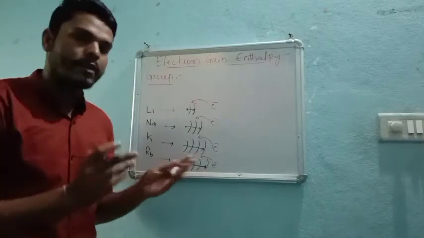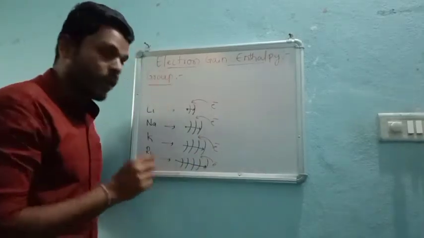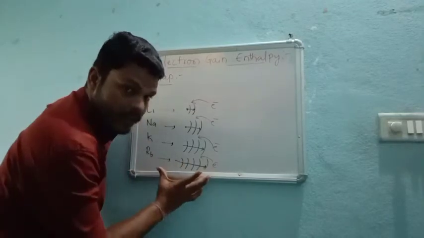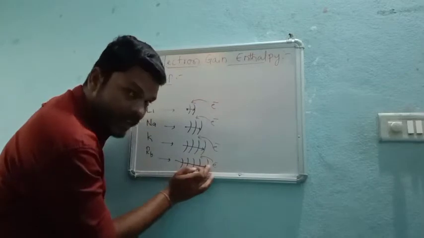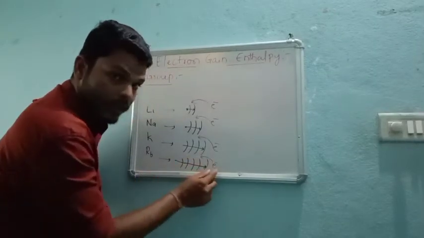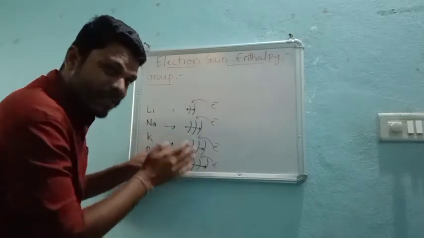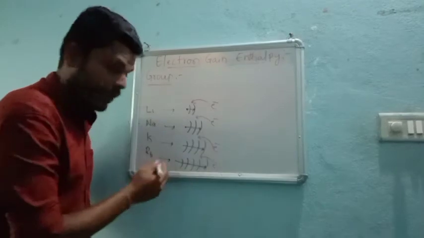What I said during ionization enthalpy is, as size increases, the distance between the valence shell electron and the nucleus increases, and the bond strength decreases. Very important, we have to compare.